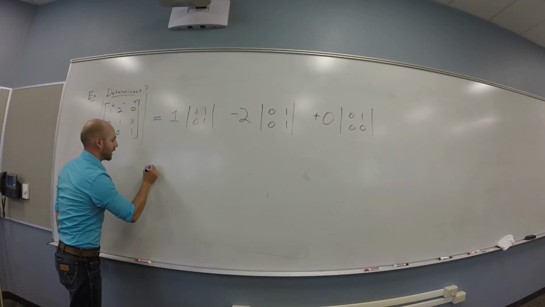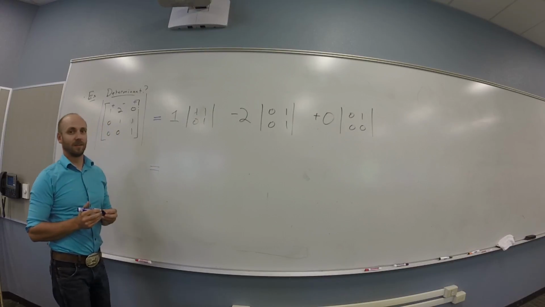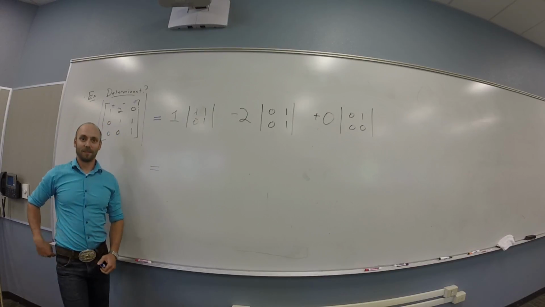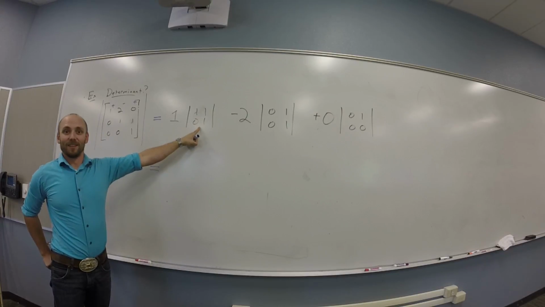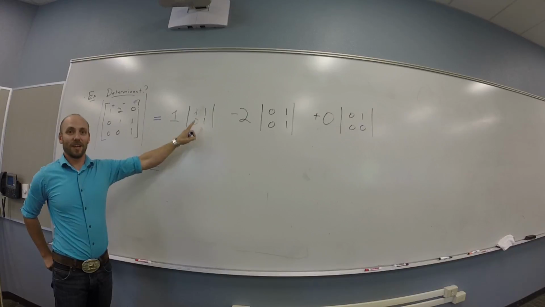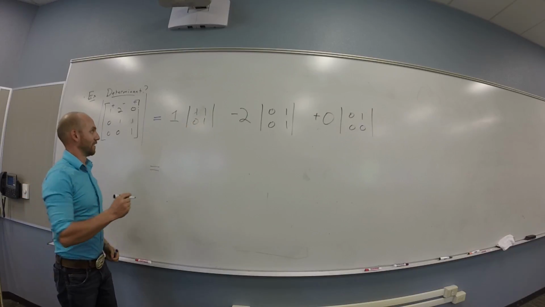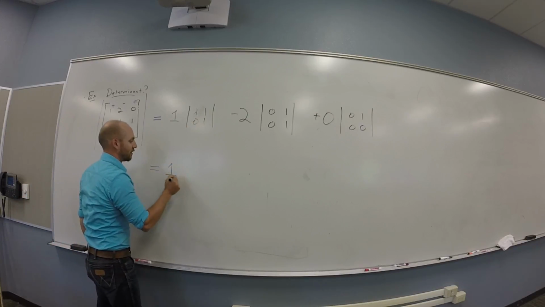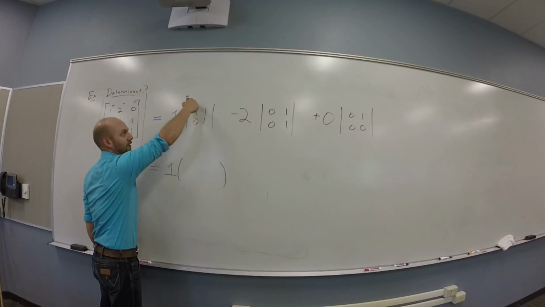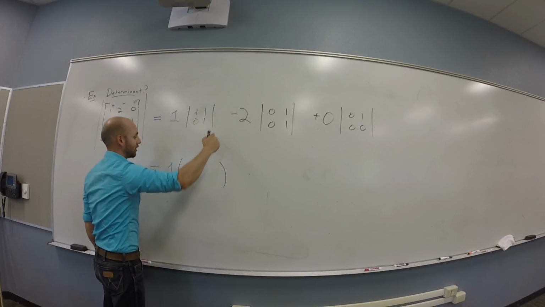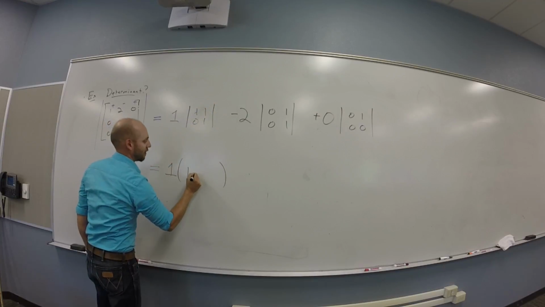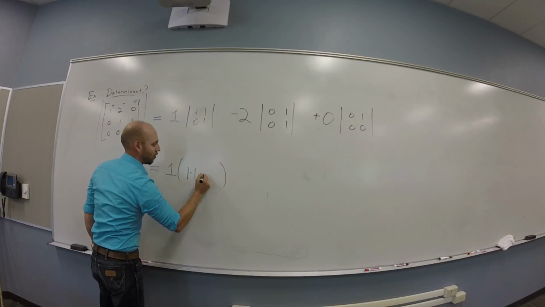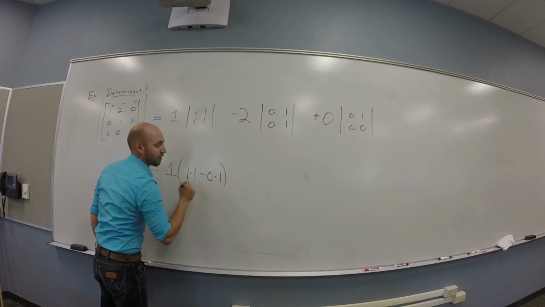All right. Next step. Equals what? You know how to do these? Determinant of this little guy. So that's 1 times 1 minus 0 times 1.